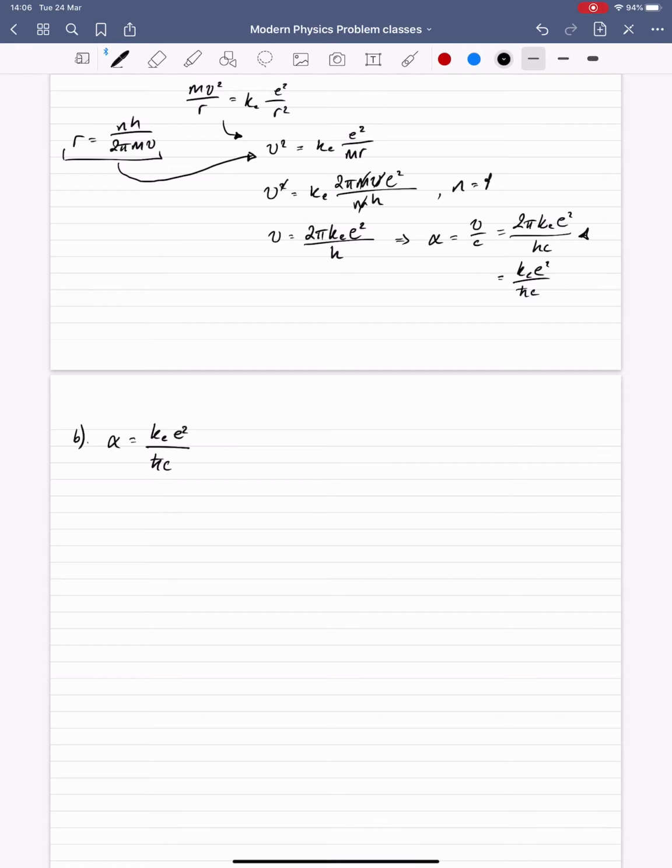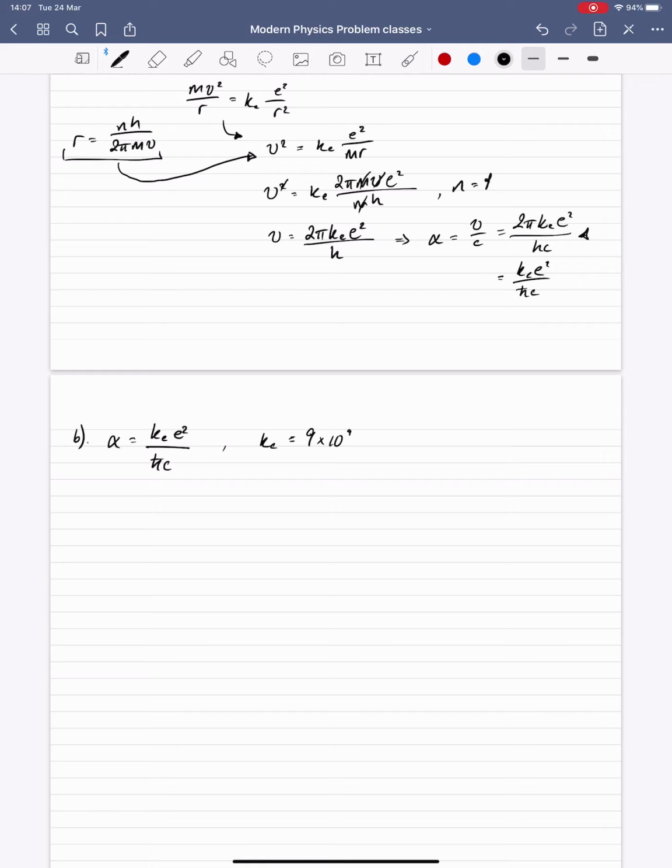Right, so I'm just going to write down individually what each of these constants are. These are only approximate, they're not exact, unless they actually are exact. But anyway, K is approximately 9 times 10 to the 9.